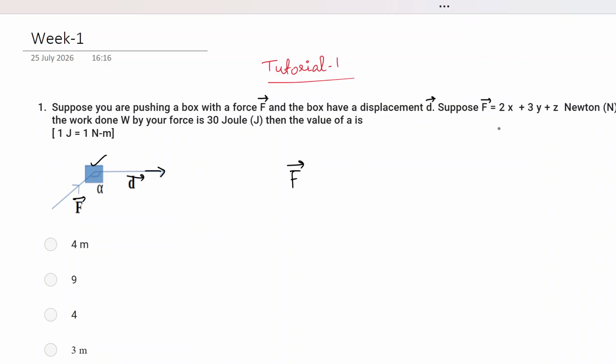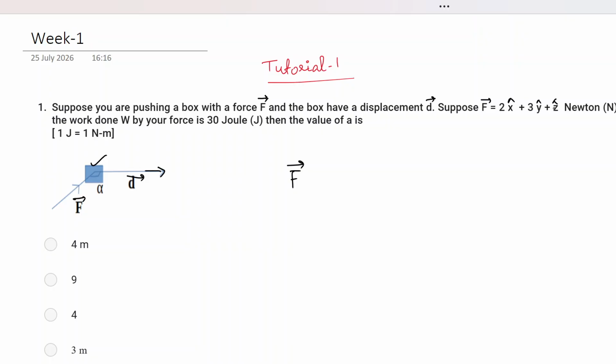Now the force vector expression is given to you in the question: F vector is 2x plus 3y plus z. Also I would like to mention that they have not put markers on these unit vectors, which is the hat sign that you have to put whenever you want to mention that it is a unit vector. It gives you the information of the direction.